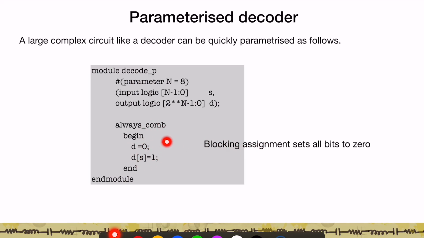Again, remember here, in always we use blocking assignments, we don't use non-blocking. So in a blocking assignment, I initially set all my outputs to 0, and then based on the value of the input word, I set my d of s to be 1. Now remember, this advantage of Verilog comes in because Verilog by default will treat this as a decimal.